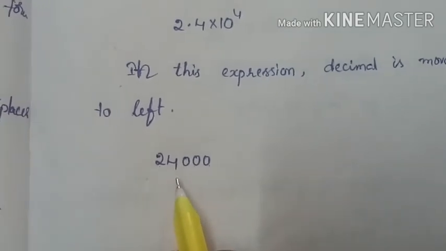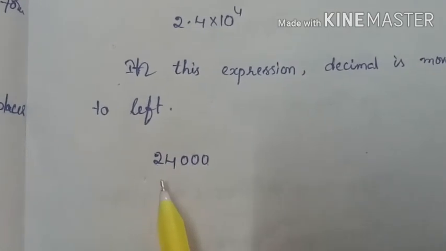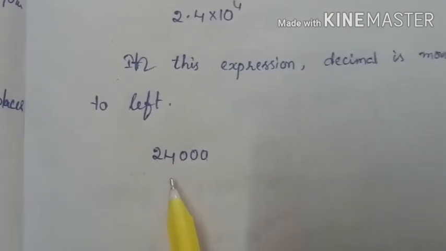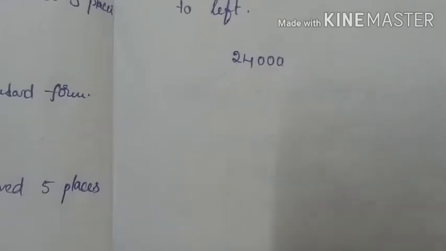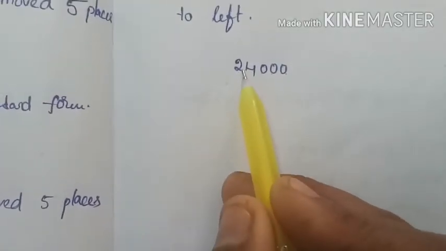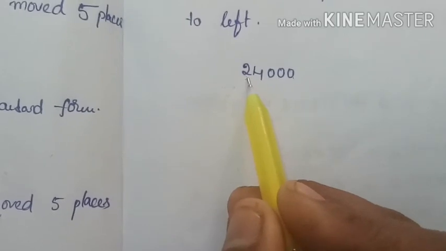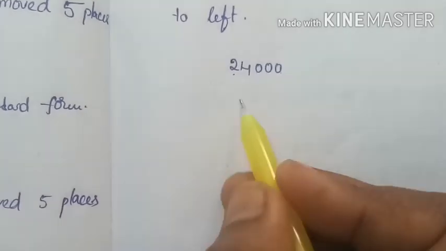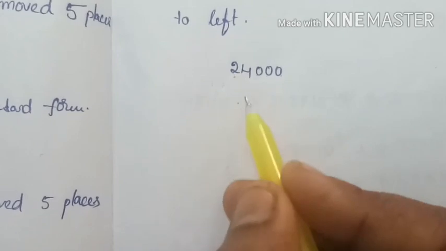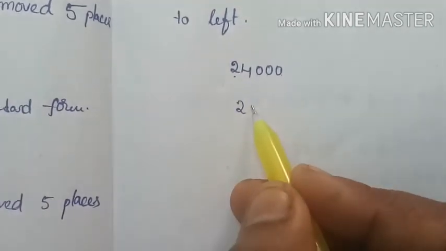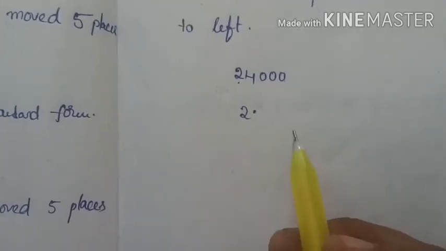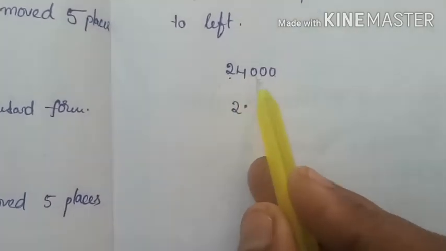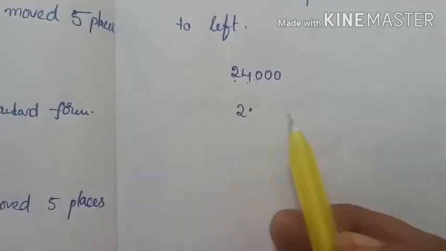So simply we have to write this number between 1.0 and 10.0. How can we write this? We should keep the decimal after the first digit. Here what is the first digit? 2. After 2 just keep the decimal. Next, count how many digits there are after 2: 1, 2, 3, 4.